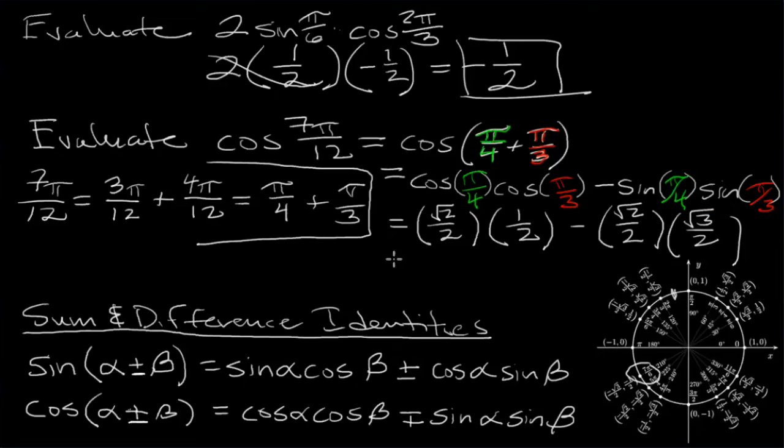Okay. And if we multiply each of these pairs of numbers together, that would be root 2 over 4 minus root 2 times root 3. So what is root 2 times root 3?